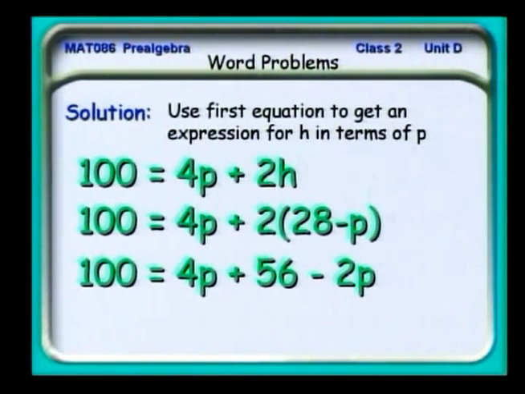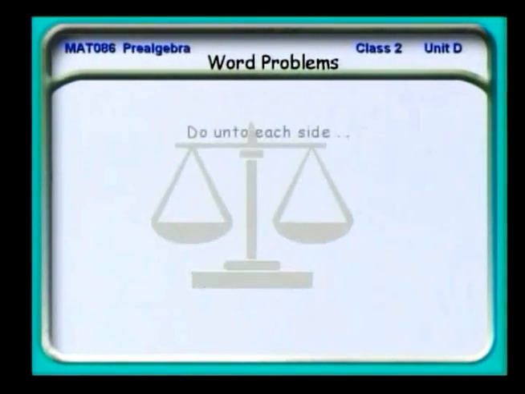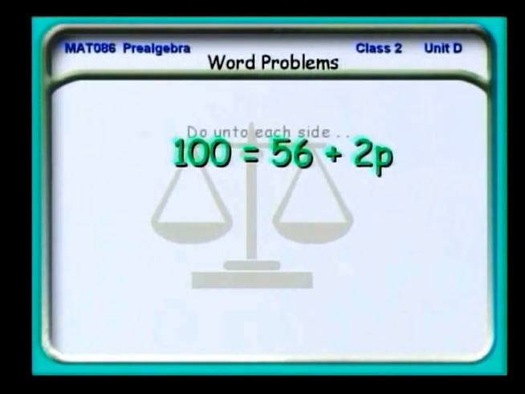Then if we continue the math with the equation, we use the distributive principle, multiply 2 by everything in that parenthesis to get 100 is 4p plus 56 minus 2p. Then we can combine the 4p and 2p, and we finally wind up with the equation 100 is 56 plus 2p.